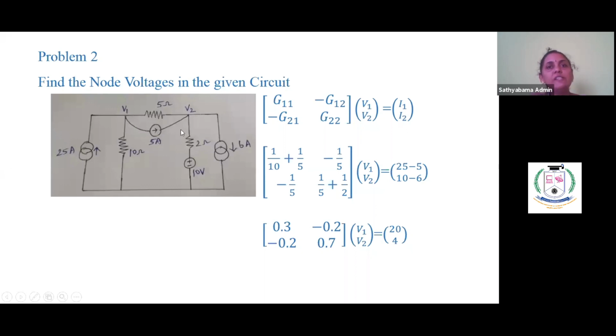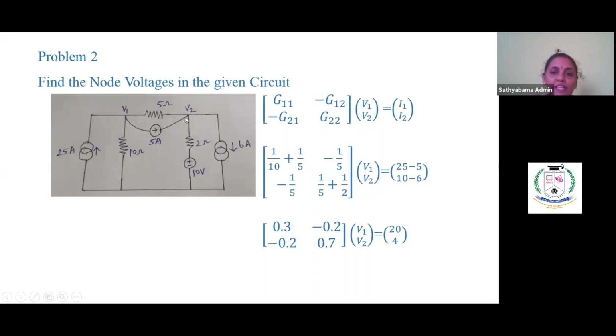Always we will consider the direction like this: incoming means positive and outgoing means negative. So 25 amps is taken as positive and 5 amps is taken as negative. So the total current at the first node will be 25 minus 5.